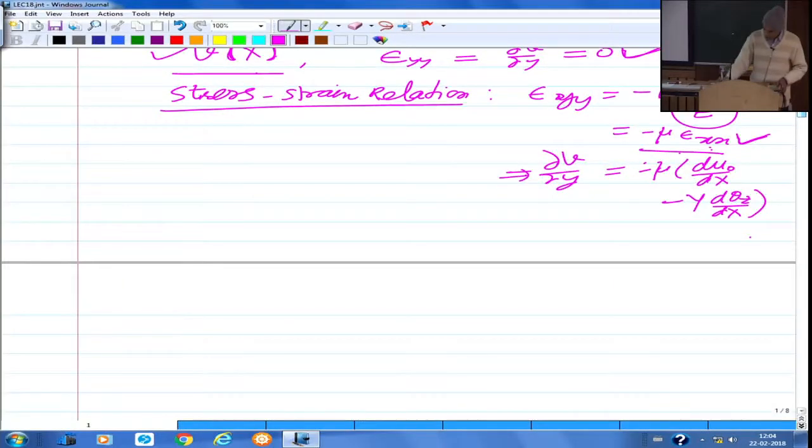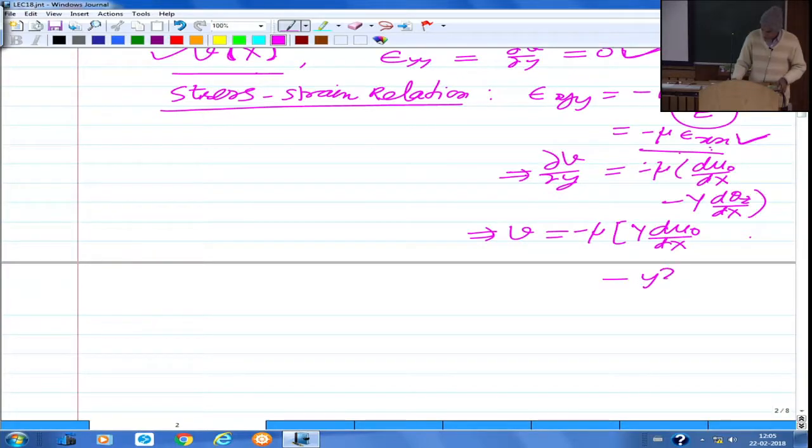If you integrate this, you would get v as, of course the mu would be there, y times du naught by dx, and the second term would be y square by 2 into d theta z by dx, plus a constant of integration, let us say C1.